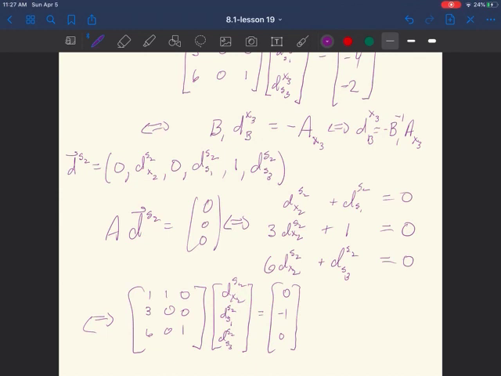That's from bringing this -1 to the other side. There were no other constants on the left-hand side because of the property of the slack column.